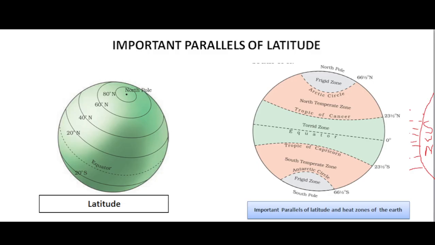It has, however, two fixed points, that is the North Pole and the South Pole, which serve as basic points of reference. Okay, so one set of lines is drawn between the two poles in an east-west direction. These are parallel to the equator. That is why they are called parallels of latitude.